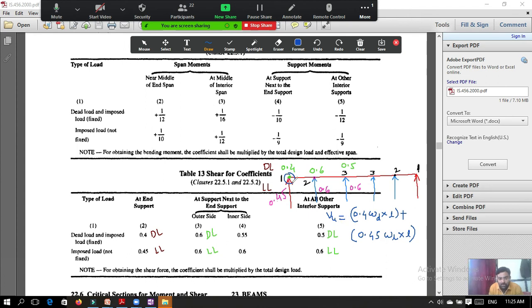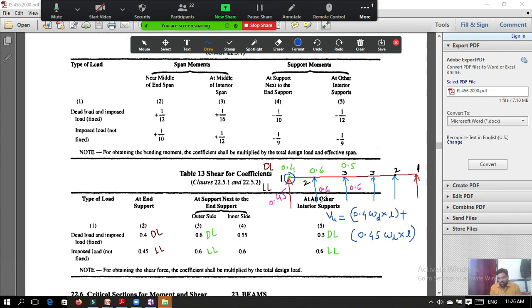So that shear force corresponds to this point because we are using the coefficients from this point. Okay. Similarly, you need to calculate the shear force at this point also and at this point also. 1, 2, and 3. And out of these three, whatever may be the maximum shear force, that you should take for the design.